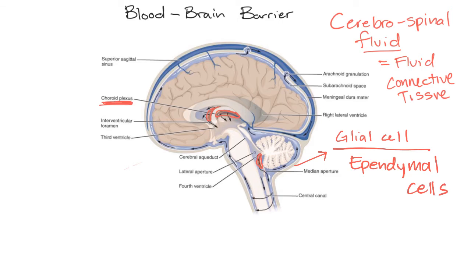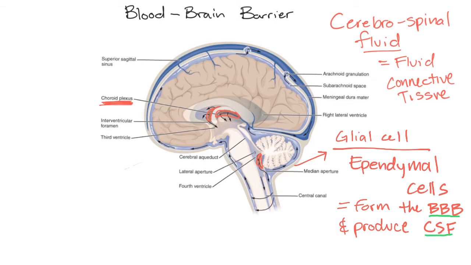So the ependymal cells help form the blood-brain barrier and produce cerebrospinal fluid. You'll find these abbreviations a lot in the text and in literature, so those are good ones to know. Blood-brain barrier and cerebrospinal fluid.